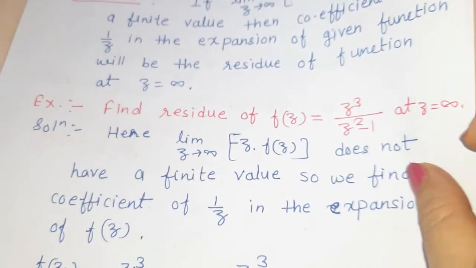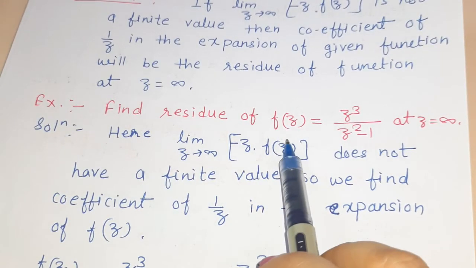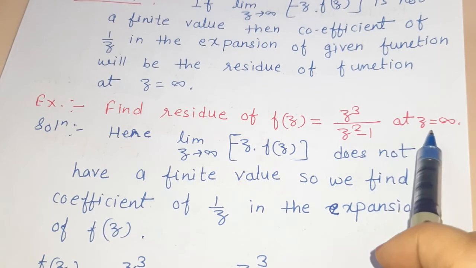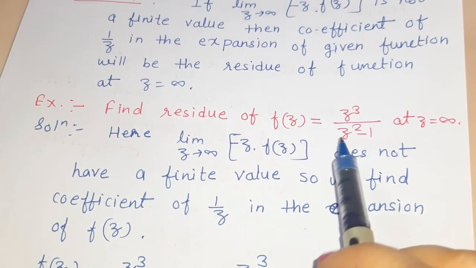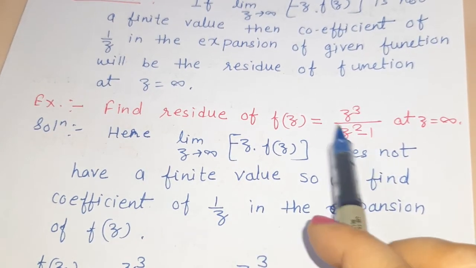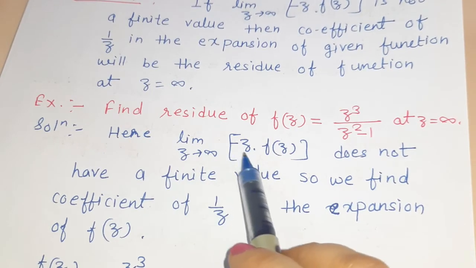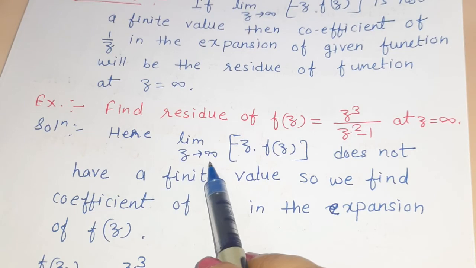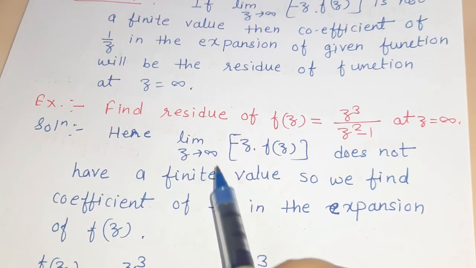Let's see one example of it. Find residue of f(z) equal to z cube by z square minus 1 at z equal to infinity. It is very clear that if we take minus z into f(z) and apply the limit z tends to infinity, then we will get infinity.